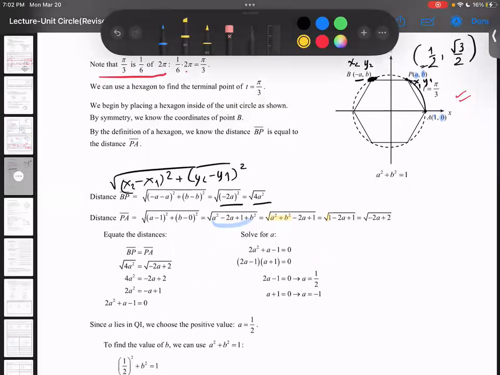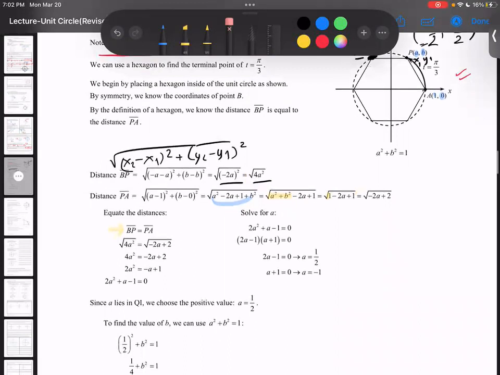The distance of BP is equal to the distance of PA, so you set the two equal to each other. Square both sides; square and square root cancel. So 4a squared equals minus 2a plus 2. I think they divided everything by 2 first.